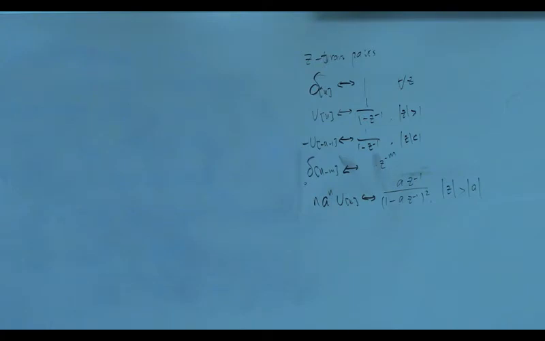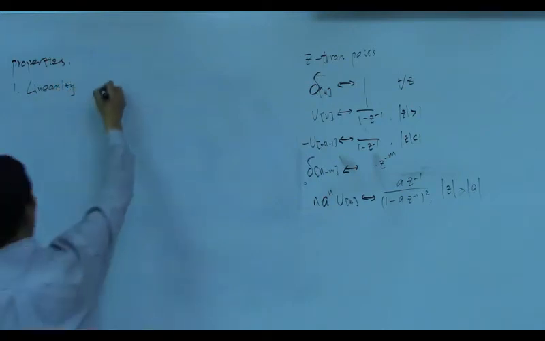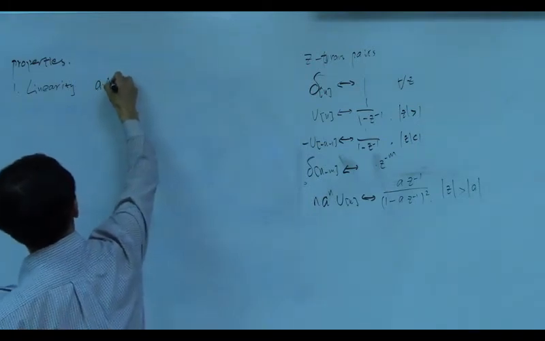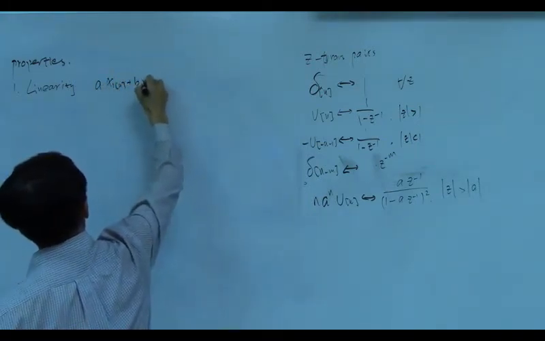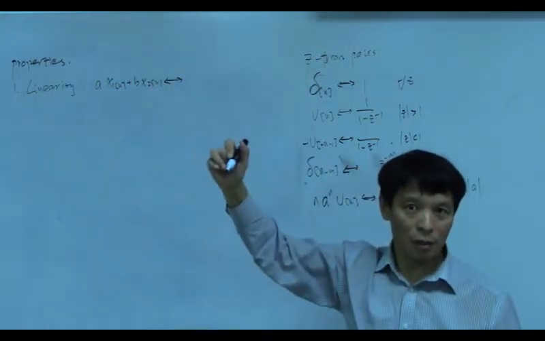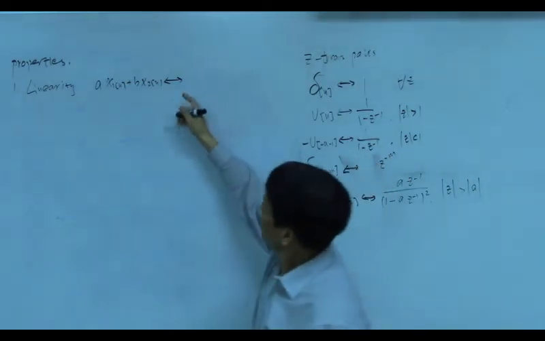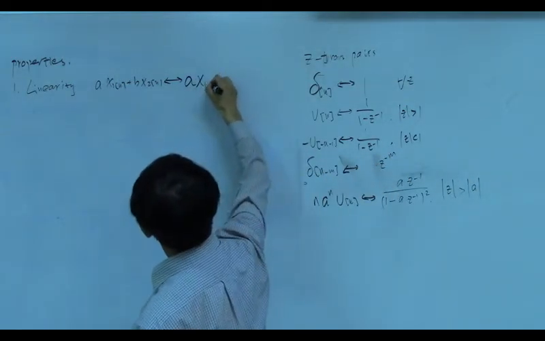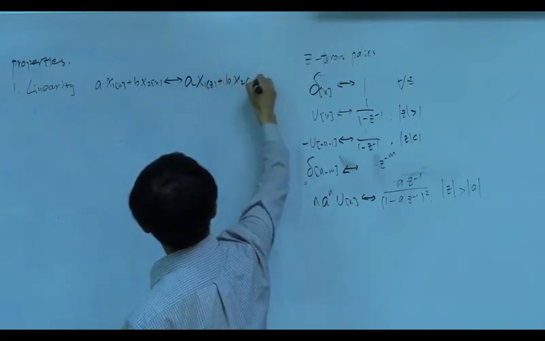Next, we are going to discuss the properties. And this is the common Z transform pairs. And next one is properties. First one, linearity. That is easy to understand. If we have A times x1[n] plus B times x2[n], this gives us, just like the Laplace transform, A times X1(z) plus B times X2(z).